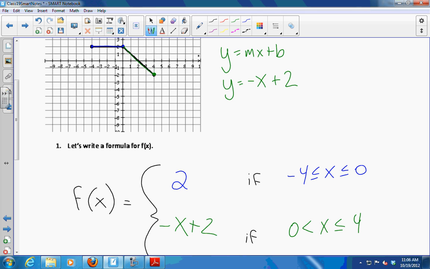I'm not putting an "or equal to" on the 0 because I put an "or equal to" on the 0 here, even though they both give you the same thing. Technically, there'd be nothing wrong with adding the equal to there, but it's just kind of bad form. You really only want to include it in one place, and you can include it in either one. It doesn't matter. You could leave this one just a less than and put the "or equal to" here, but you're really only supposed to put it in one spot.